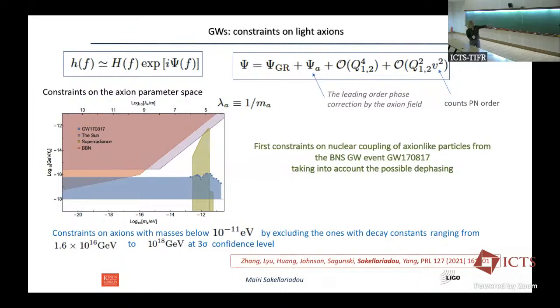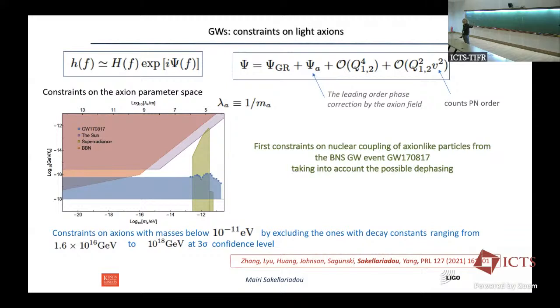For a given mass, as you can see here, I can put constraints on the inverse of the axion decay constant. No, this was for a kind of pseudo-scalar, like the QCD axion but with a smaller mass.